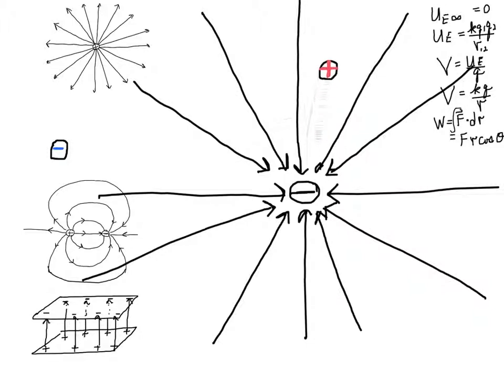I have to do work to push it away to get it back to 0 energy. And conversely, if I put a negative charge in here and I release it, it's going to do what the positive charge did. It's going to go off, and it takes work to bring it in here. So this has a positive energy. Does it work out? Yes, it naturally works out. If I put two negatives in this equation, I get a positive number.